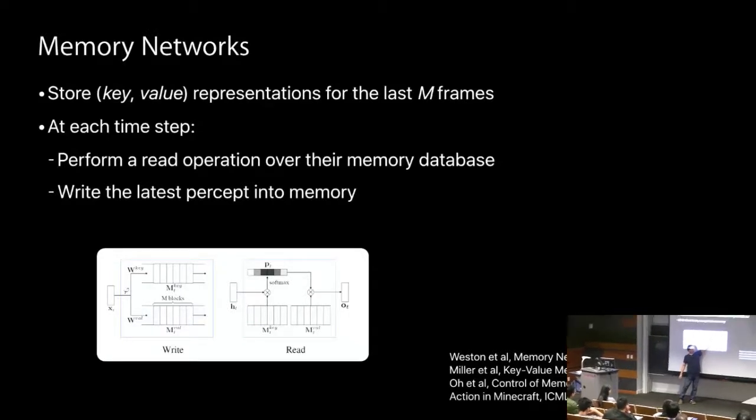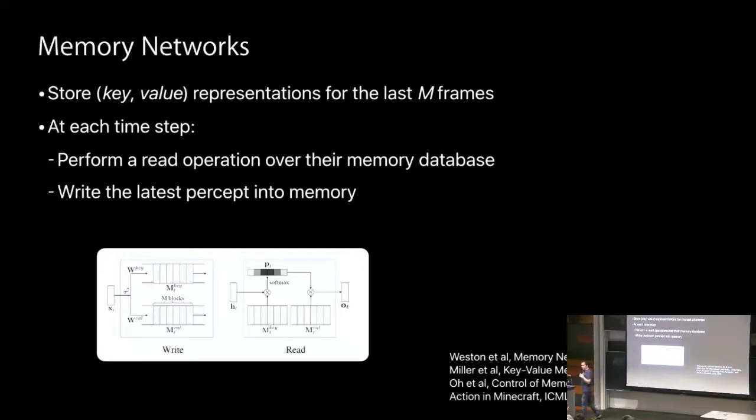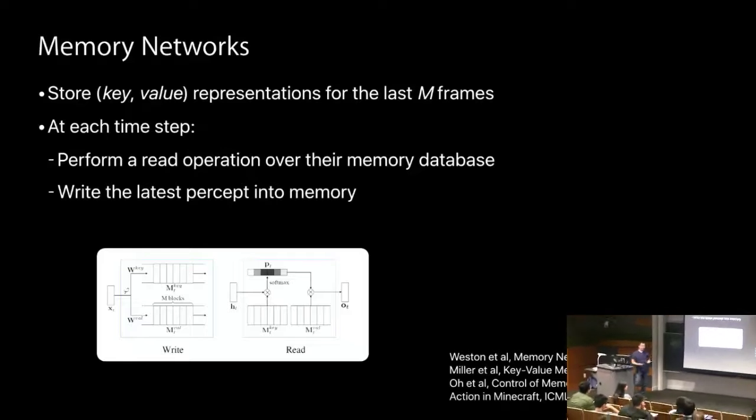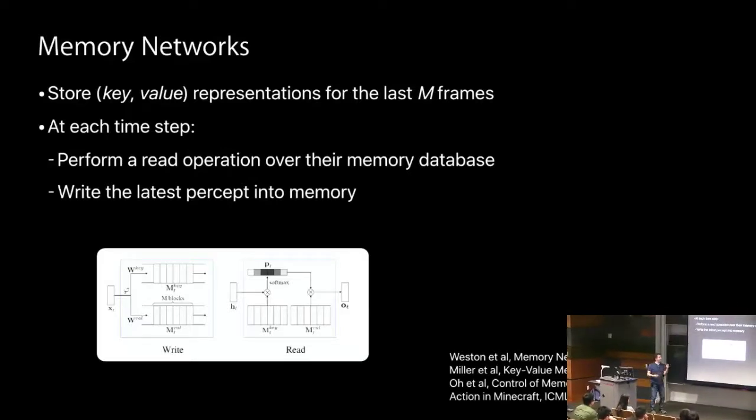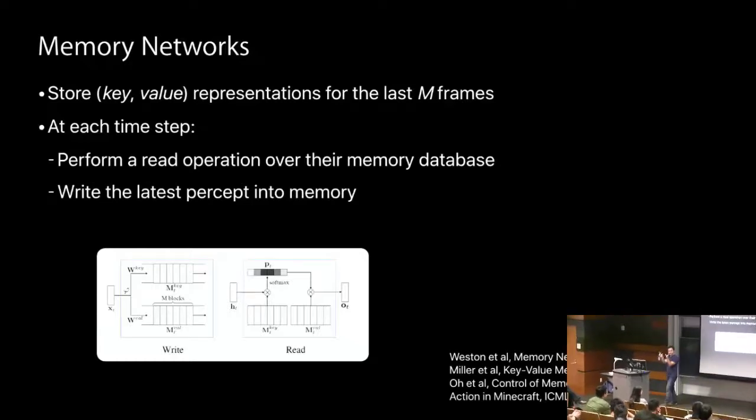I create the probability distribution, and then I read from the memory. There is a special way called key value, where keys are used to compute this probability distribution, which says where I need to look, and the value is what I need to retrieve. So sometimes people break it down into two pieces.